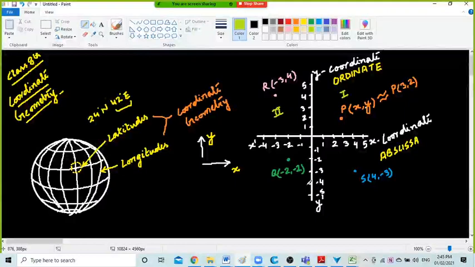Okay, now if I give you some more details about the quadrants: this is the first quadrant, second quadrant, third quadrant, and finally the fourth quadrant.